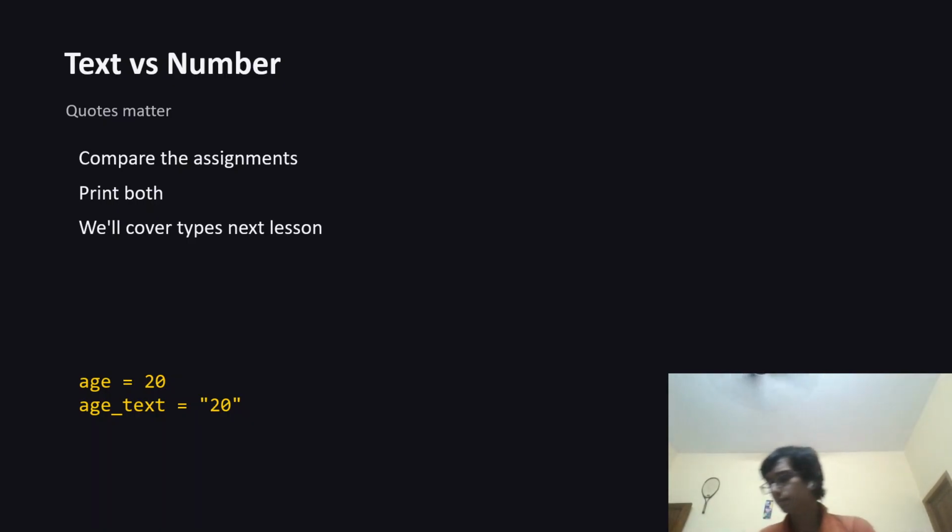The same applies here. Age with just a number is going to be 20. If you have another variable with the same number in quotes, Python will interpret it as a text, a string, rather than a whole number.